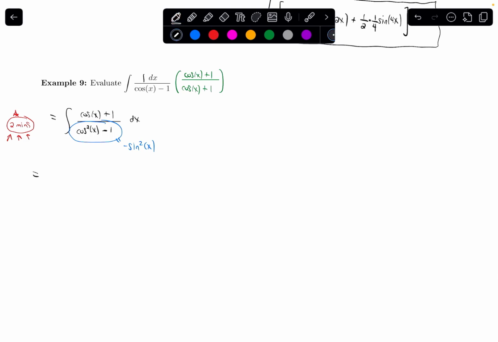So next up, I can split up this integral into pieces. So I will split it up to get cosine x over that negative sine squared. Let me move the negative in front of the whole fraction, and then sine squared. And then for that next fraction, I'll get minus 1 in front all over sine squared, and then dx, of course.